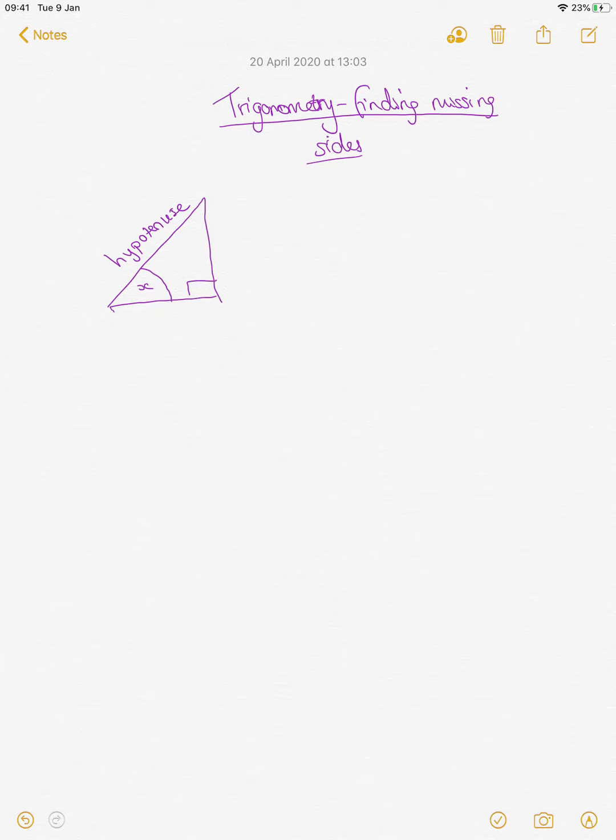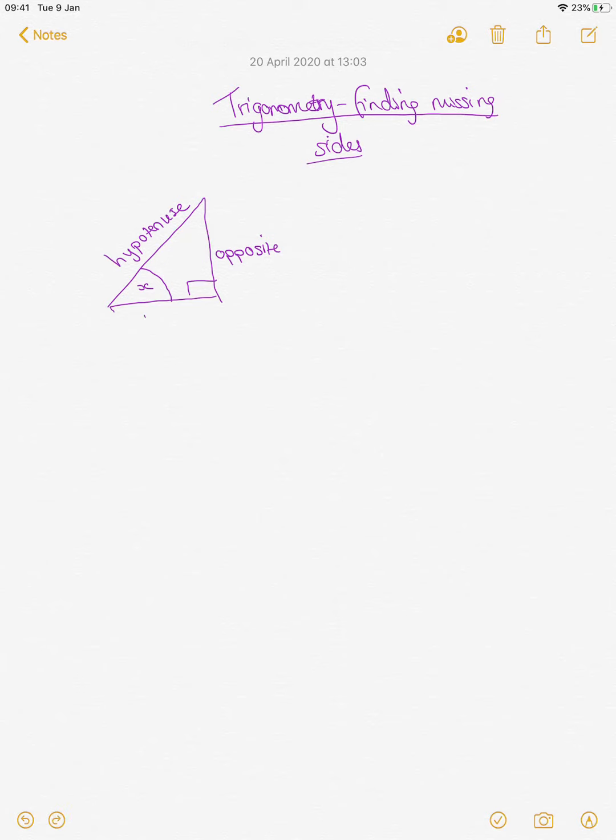So my other sides that I can label, well, this one is called my opposite because it is opposite my angle in question. So not opposite the right angle, I know that's the hypotenuse, but opposite the angle that might be labelled x, or it could be given to you.